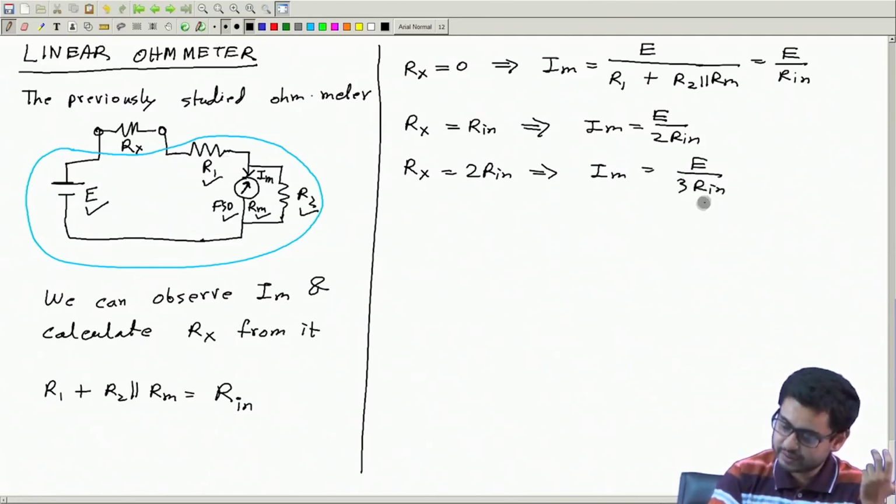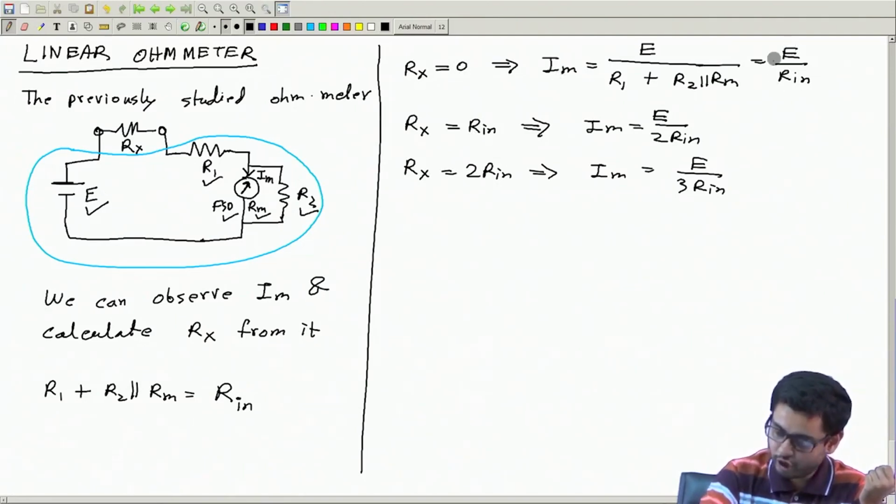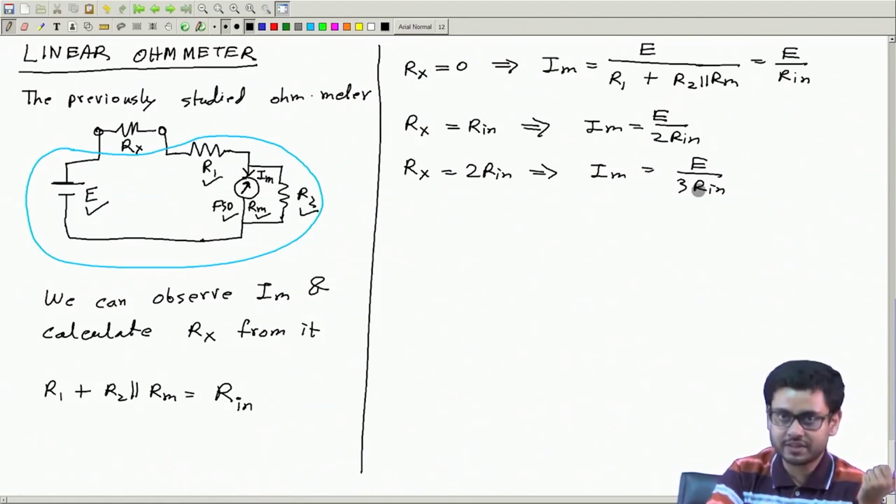So the relationship between Rx and I is not linear. Here Rx is increasing linearly, 0, 1 R in, 2 R in, but the current, if you call this 1 unit, then this is half unit, this is 1/3 unit, so it's not linear.